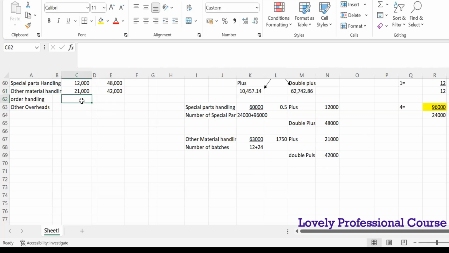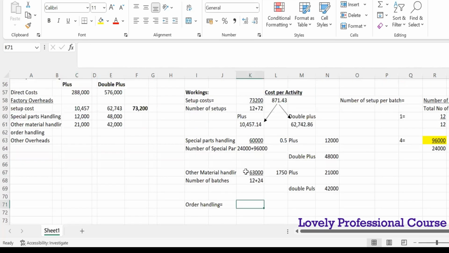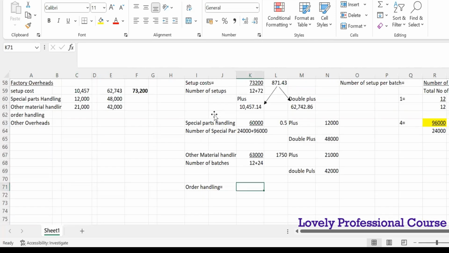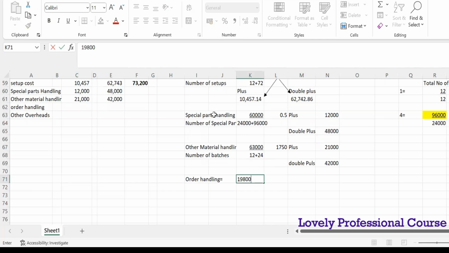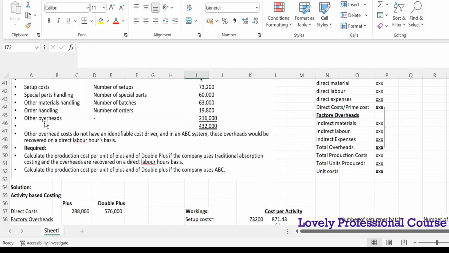Again, order handling. Let me allocate now order handling. So what is the total cost of order handling? The cost incurred for order handling is 19,800. So 19,800 divided by... let me see what the examiner tells me to use.